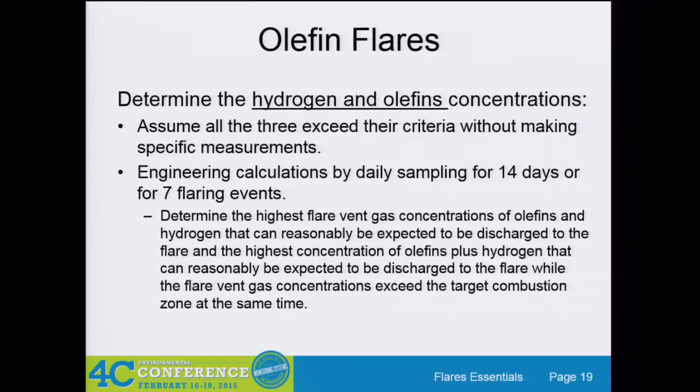I'd have to look at that, but generally it's going to be per Method 18, which has alternates. If you ever want to really get into the weeds, go look at Method 18 and understand how, if you follow it strictly, you can grab a sample from your flare. You're not allowed to use a Summa canister. You have to use a Tedlar bag.